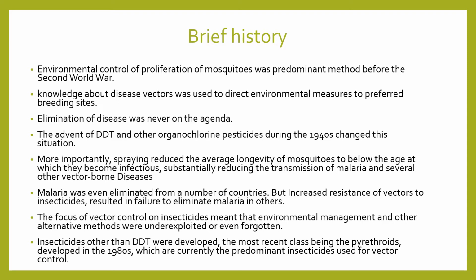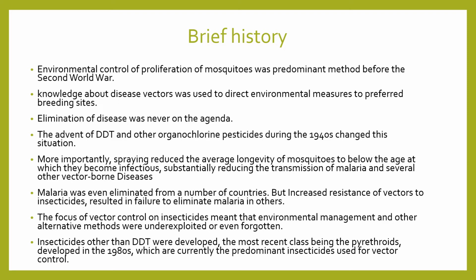Spraying of these pesticides reduced the average longevity of the mosquitoes to below the age at which they become infectious, and thus reduced the transmission of malaria and several other vector-borne diseases. Even malaria was eliminated from a number of countries, but after some time, insecticide resistance resulted in failure to eliminate malaria in other countries.